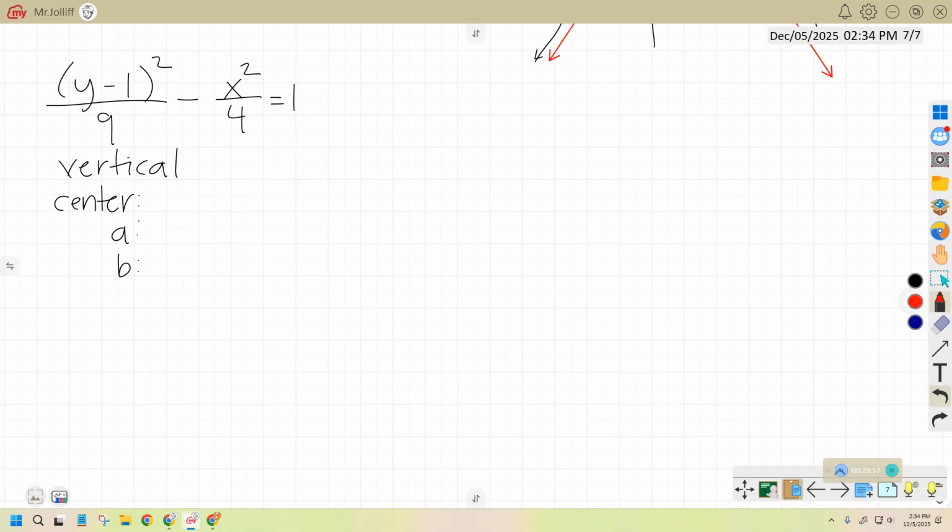Excellent. The variable that's in front started with a y, so it must be vertical. That means that A is coming from my y term and B is coming from my x term. Because A is always the number in front, regardless of what variable's there. So A is going to go up and down, B is going to go side to side.